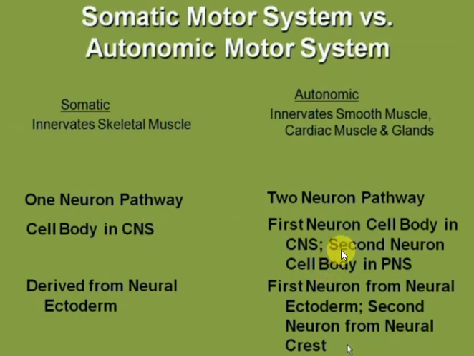But the cell body of the second neuron is always located in the peripheral nervous system. So the first neuron, whose cell body is present in the CNS, will send its axon out into the peripheral nervous system, and it will innervate the second neuron, whose cell body will be present in the peripheral nervous system.